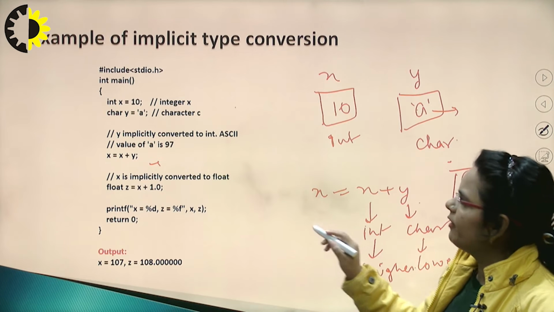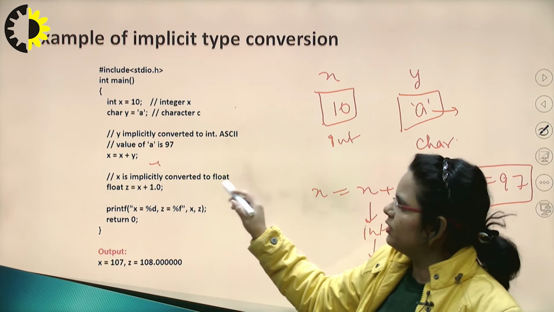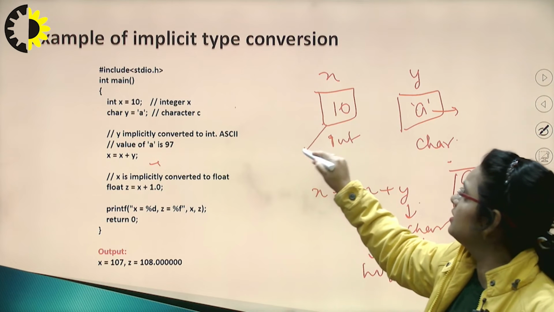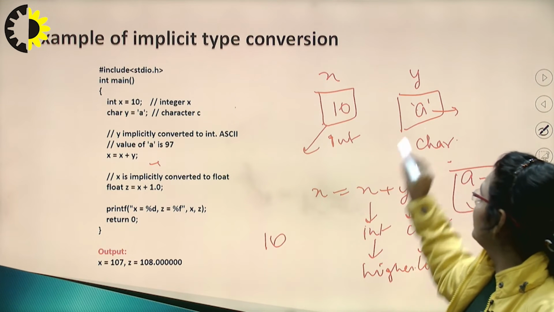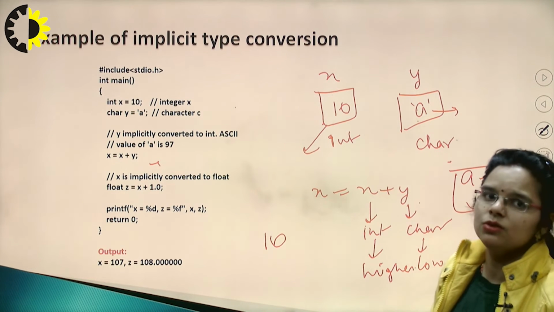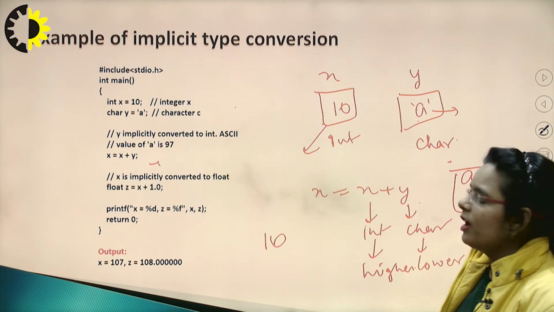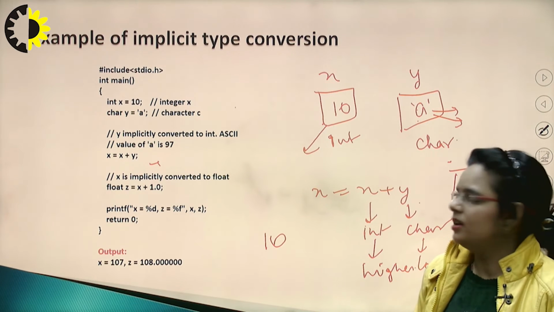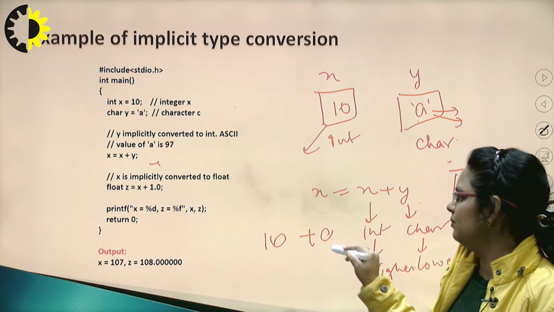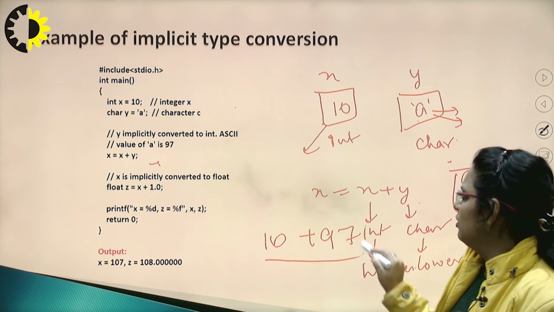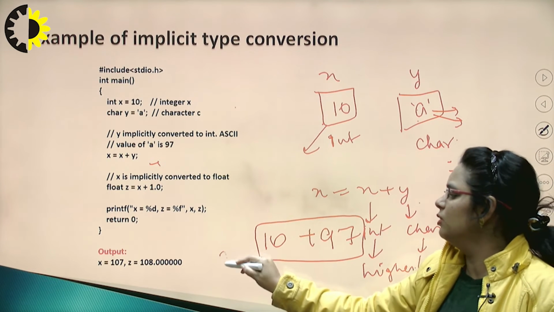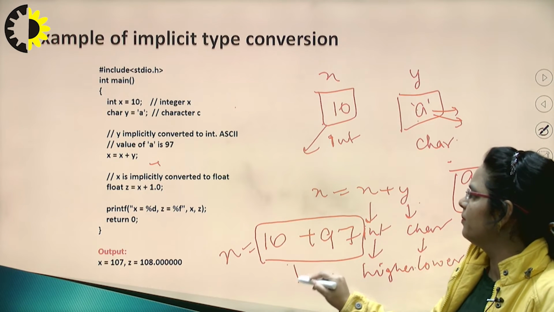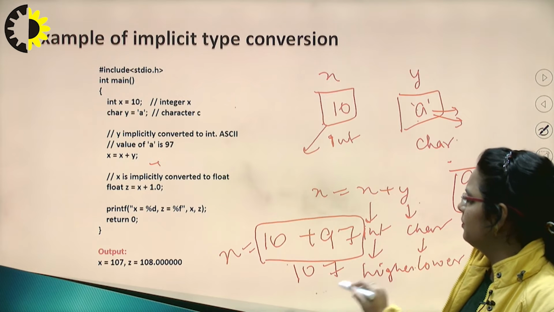So whenever we are evaluating this expression x equals x plus 5, currently the x variable has value 10, and the integer value as per the ASCII table of a is 97. So now the resultant value of x would be 107.